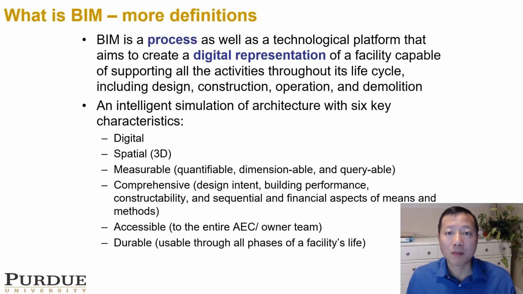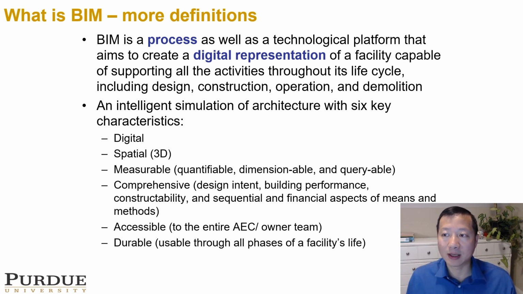First of all, BIM is a process as well as a technological platform. As a process, and also with the enabling platform, this process leads to the creation of a digital representation of something.